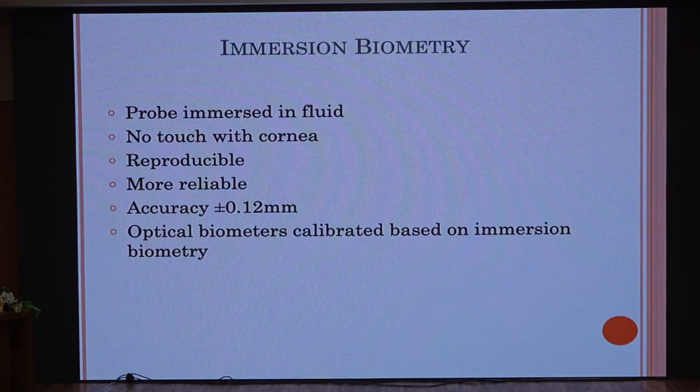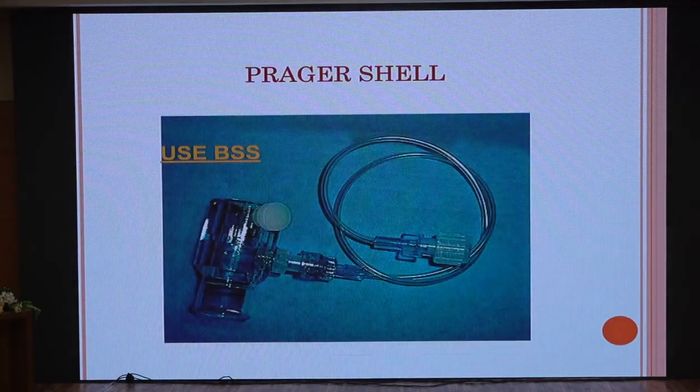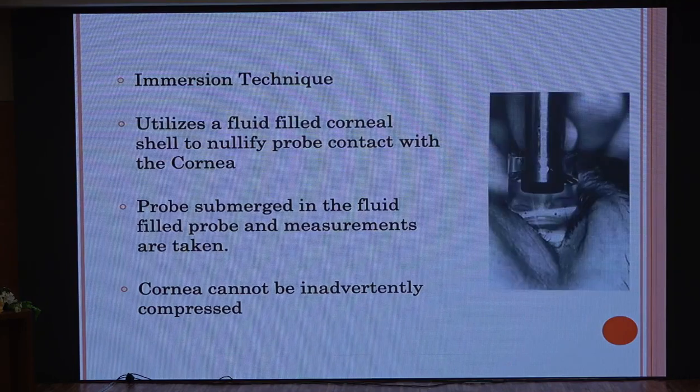So if you are doing ultrasound, it is better to use immersion type of biometry, because the error in contact is about 0.12 millimeters, which is not acceptable. So we use a Prager shell. This is the Prager shell which is put on the cornea, and balanced salt solution is injected and a probe is kept there. So it gives us a very good accuracy of the axial length of the eye.